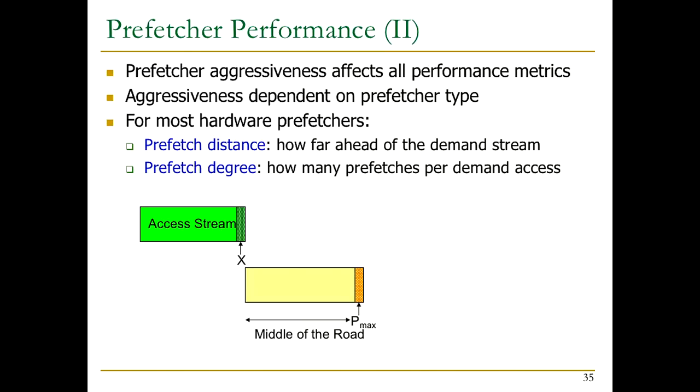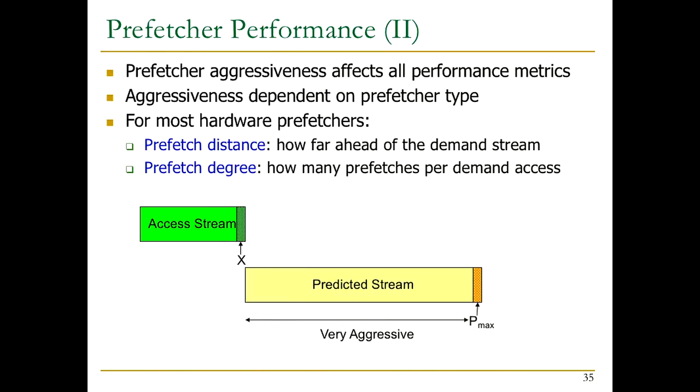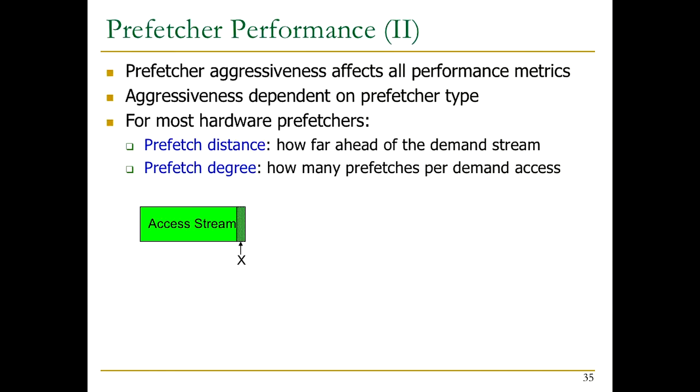You could be middle of the road. Clearly, you could be very aggressive also. And as you keep getting aggressive, you run the risk of the processor not going into the stream, right? You prefetched a lot, but the processor is going to go somewhere else in the memory access stream. Or maybe the processor is going to touch only one of these, and you will still keep prefetching a lot.